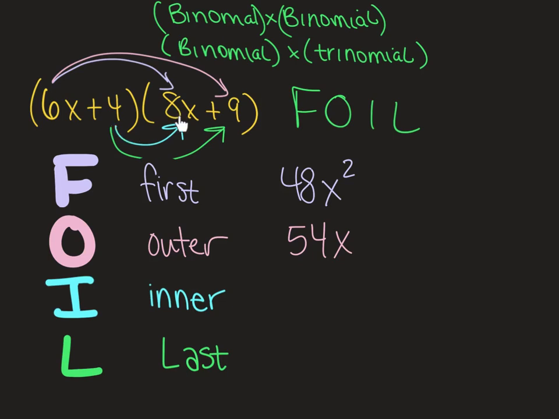Inner means these two numbers, the inside two numbers. 4 times 8 is 32, 32 with an x. Then we're going to multiply the last numbers. 9 times 4 is a constant of 36.